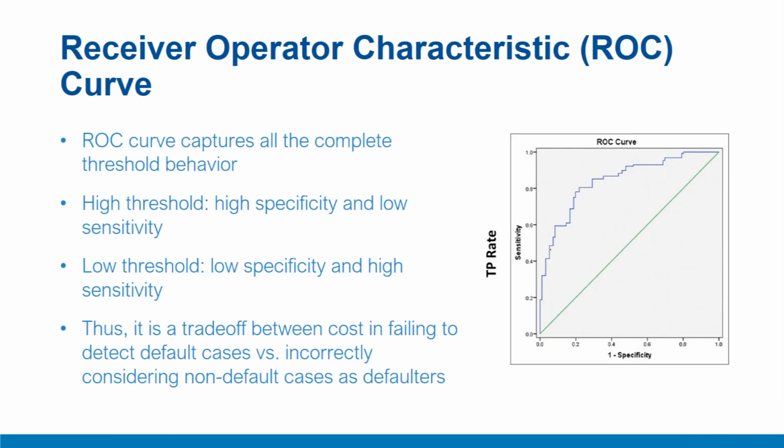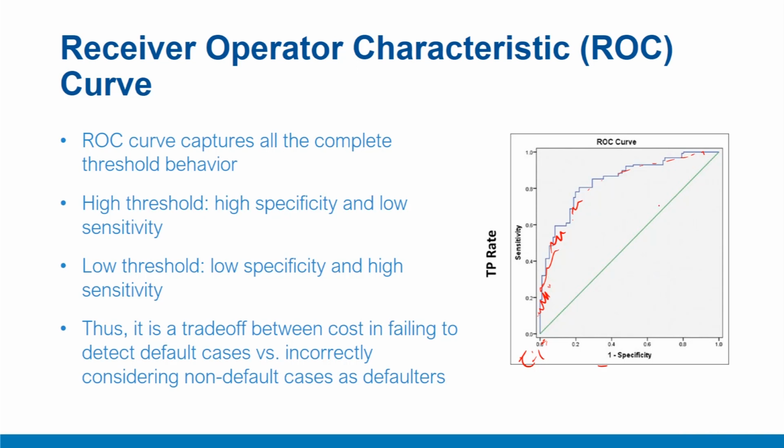Here, the behavior of this ROC curve captures the complete threshold behavior of our classification algorithm. For example, at different threshold values, this model will have high or low specificity and sensitivity. If you have a high threshold value like t equal to 1, this model will have very high specificity, that means low 1 minus specificity, somewhere here, and low sensitivity.